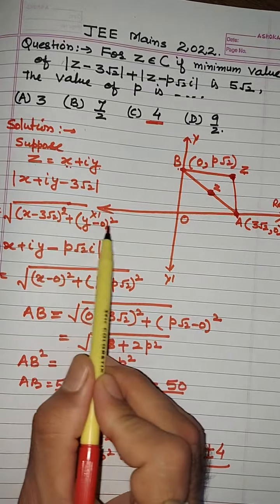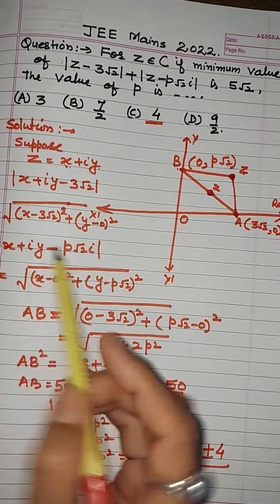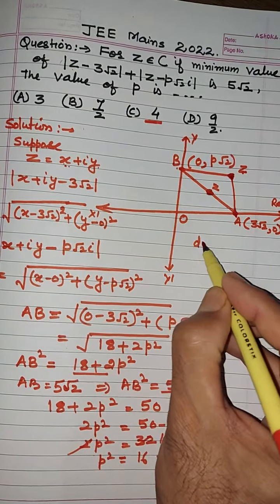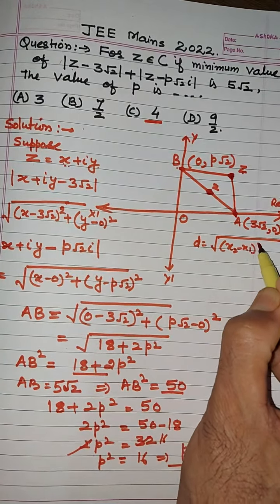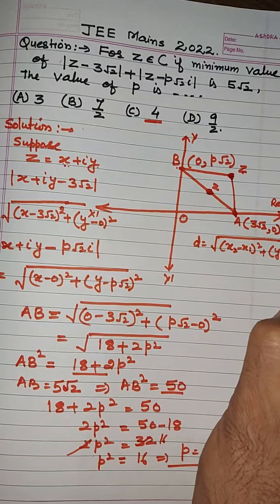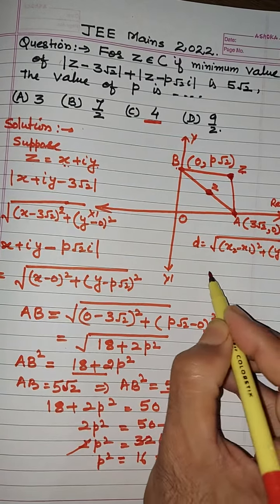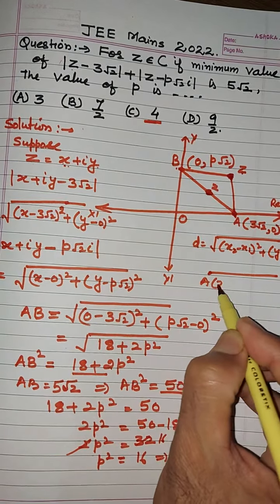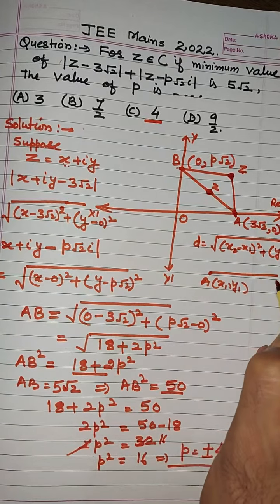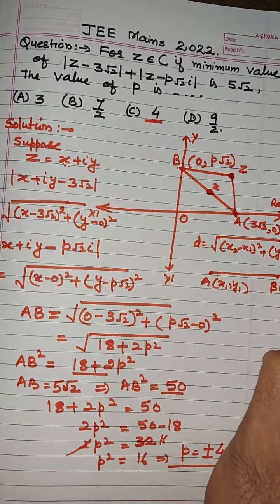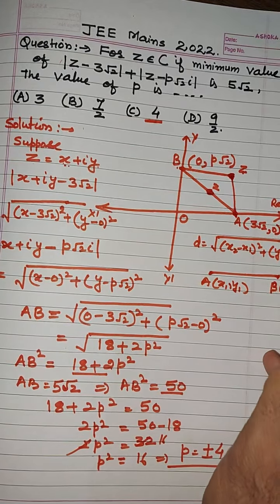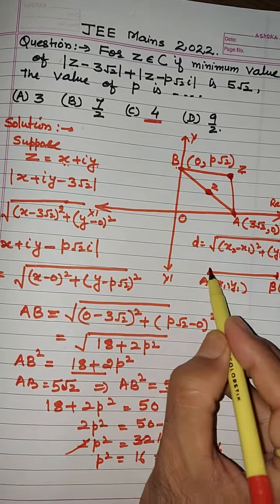And we compare this with the distance formula, because we know the distance between two points is the square root of x2 minus x1 whole square plus y2 minus y1 whole square, where this point is x1 comma y1 and this point is x2 comma y2.